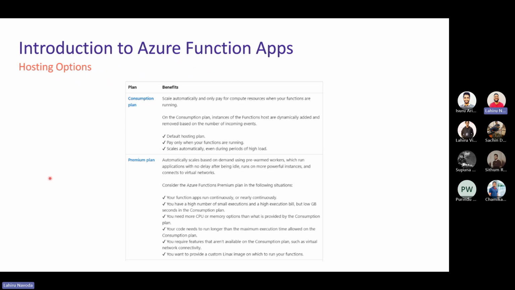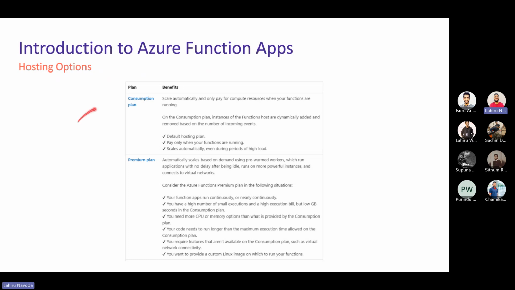Same as App Services, you can have multiple hosting options here in Azure Function Apps as well. The hosting options would not be the same, but we have some hosting options in Azure Function Apps as well.